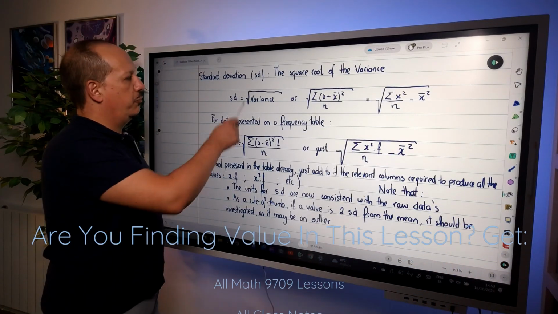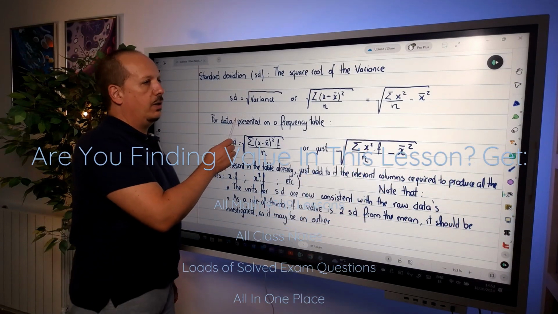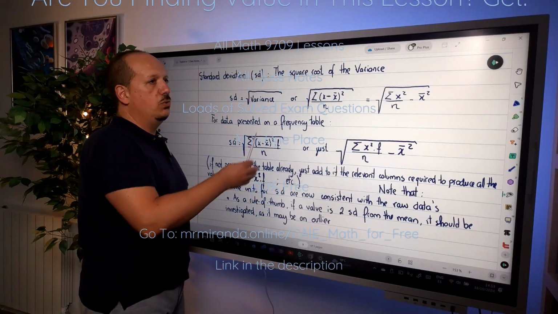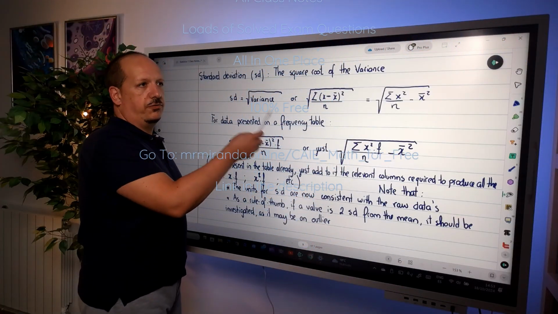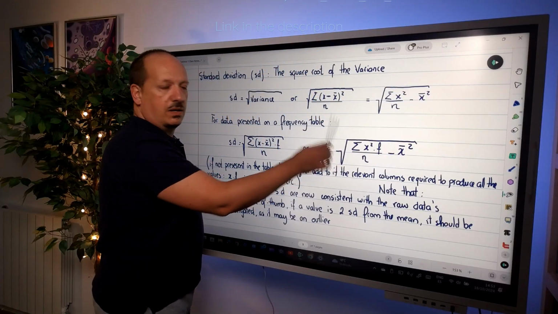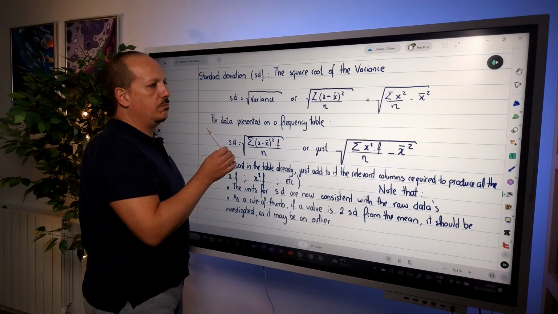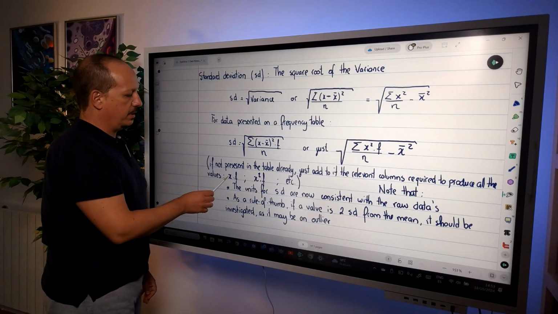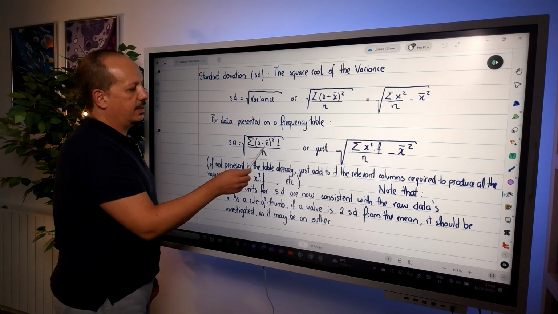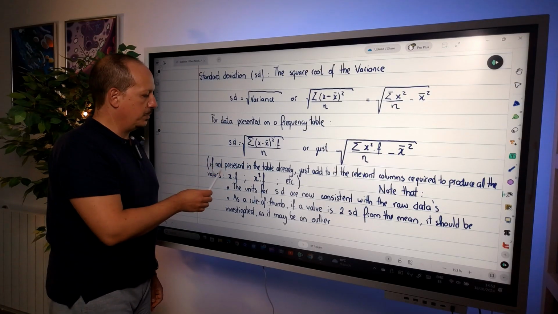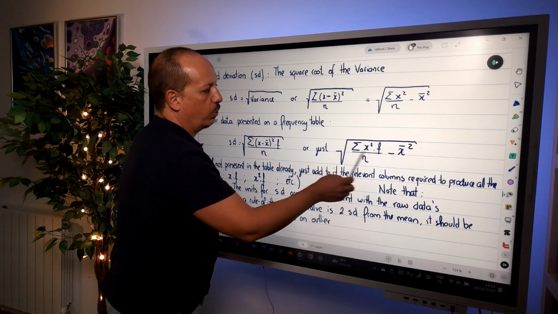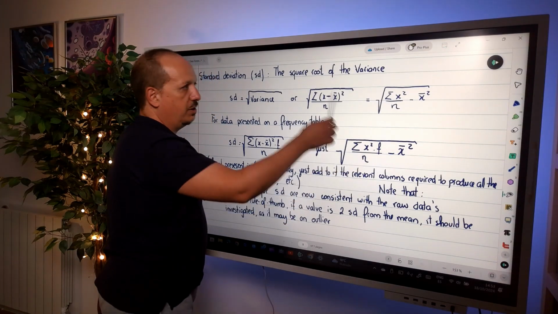If you have a frequency table just with the class boundaries and the frequency, for example, you can get the mid value yourself, and the product of the mid value by the frequency, which is required to get the mean in the first place, and the mid value squared times the frequency, which is required to get this value over here.